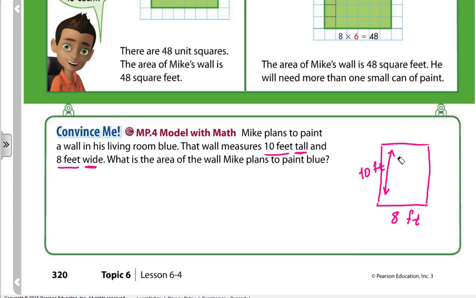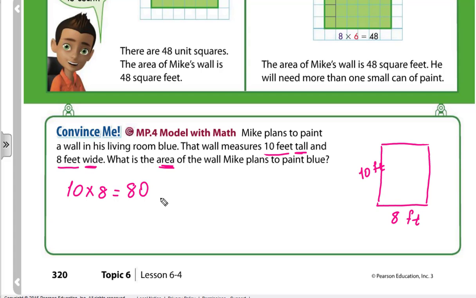Okay, now back to the question. The question asks us to find the area of the wall. Use the rule. Do you remember the rule? Multiply length by width, the two dimensions. 10 multiplied by 8 equals 80.